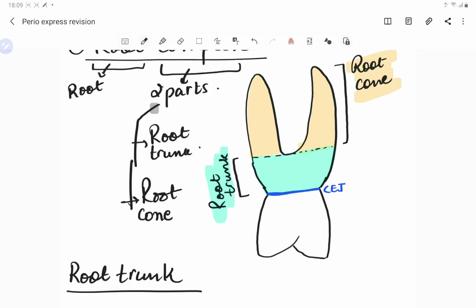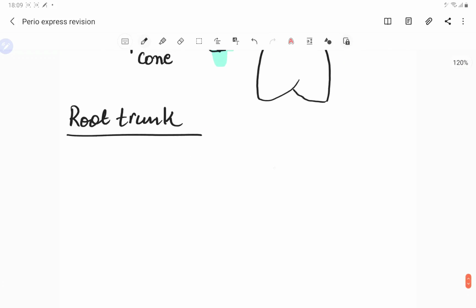The combination of the root trunk with the number and configuration of the roots affects the success of the therapy. Suppose what I'm talking about is a short root trunk. If I make this diagram, this is a long one, so we'll make a short root trunk. Only this is the root trunk. If we have a situation where there is a short root trunk, less attachment needs to be lost before the furcation is involved.